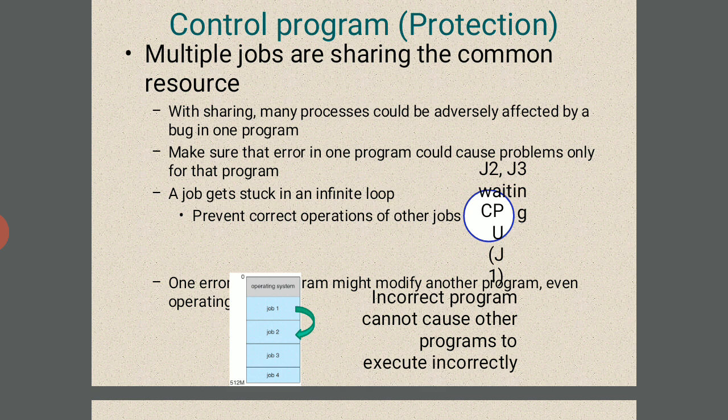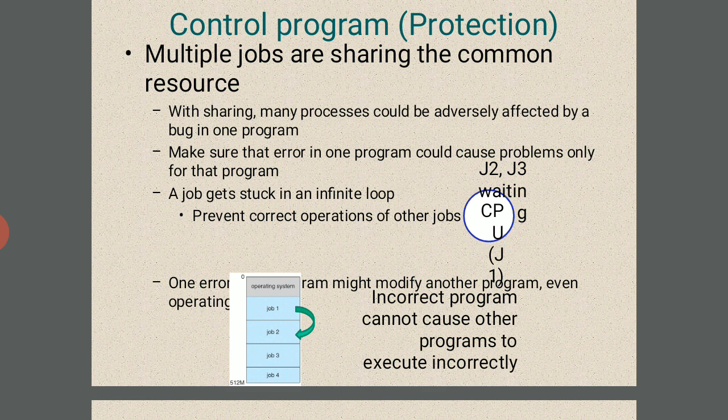Just to see the example, with sharing, many processes could be affected by a bug in one program. Make sure that errors in one program cause problems only for that program.